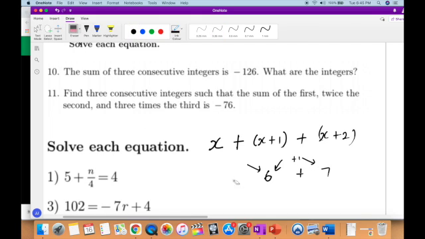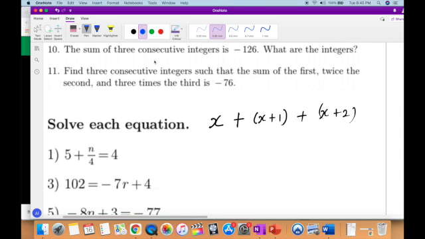So how can I think about that? x plus 1 will give me x plus 1, and then x plus 1 plus 1 will give me x plus 2. Make sense? Yes, sir. So these questions are not maths questions, you know.